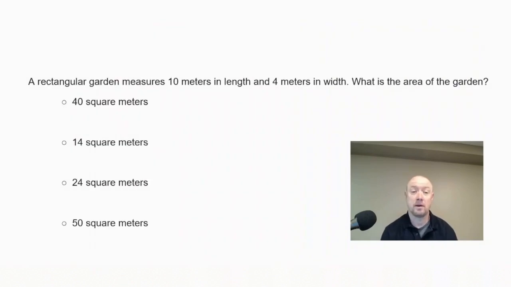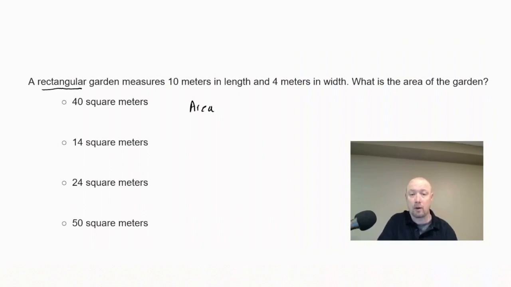A rectangular garden measures 10 meters in length and 4 meters in width. What is the area of the garden? Is it 40 square meters, 14 square meters, 24 square meters, or 50 square meters? For our elementary students, we want to introduce the concept of area and the area formula. We first want to know what shape we are dealing with. We're dealing with a rectangle.